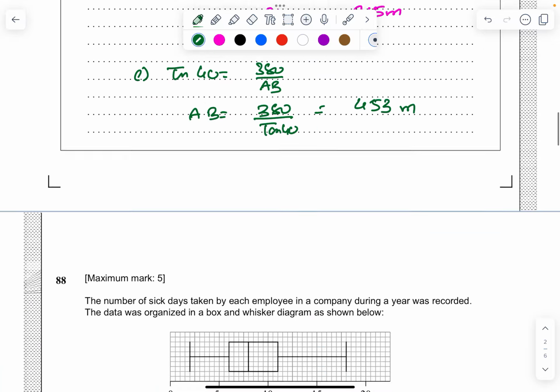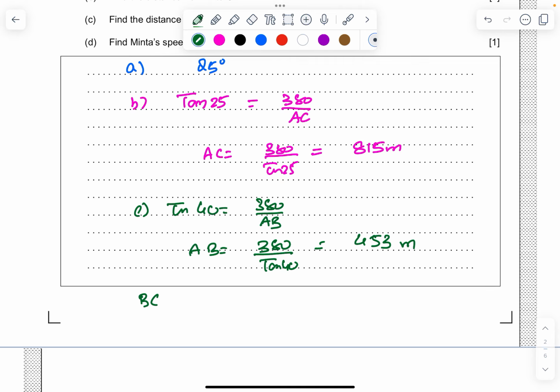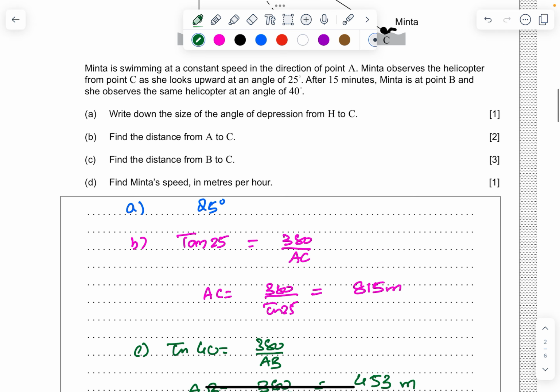So now I want BC. BC will be 814.912 minus 452.866, which is 362 meters.